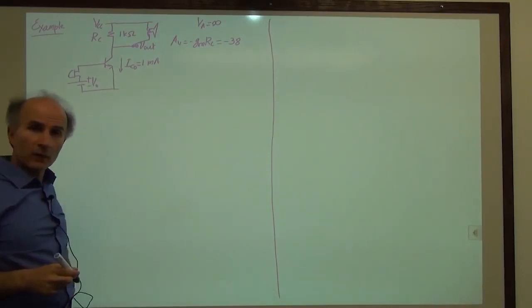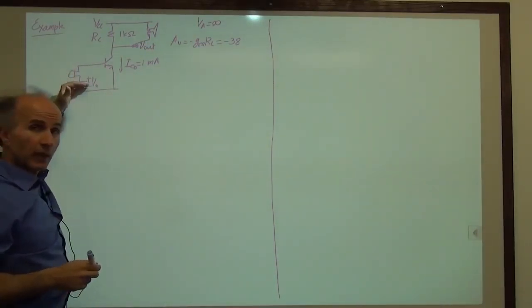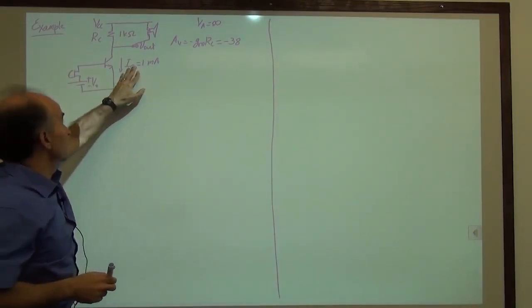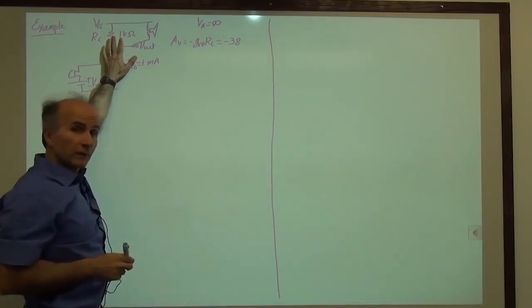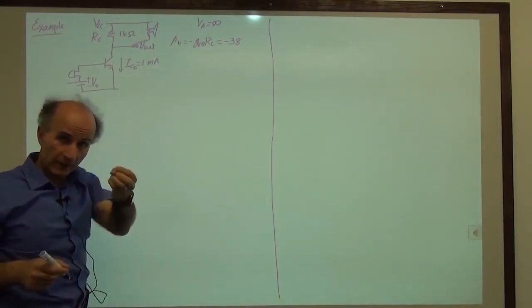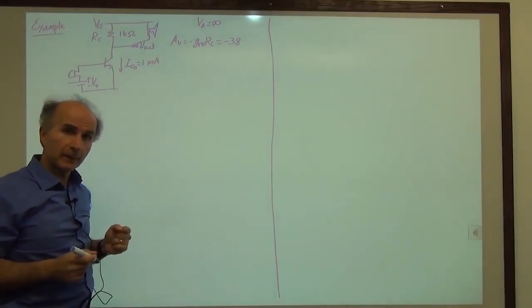So what's happening is that the microphone signal rides on top of the bias. It creates fluctuations in the collector current. These fluctuations come out, and now they have to flow through this 1 kilo ohm resistor and the speaker. After all, the speaker needs some current to create an audio signal.